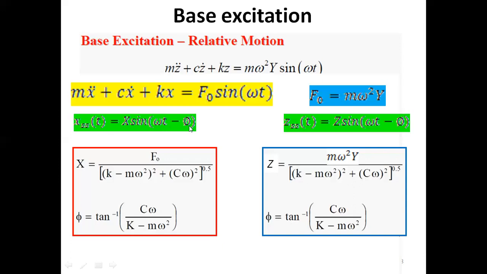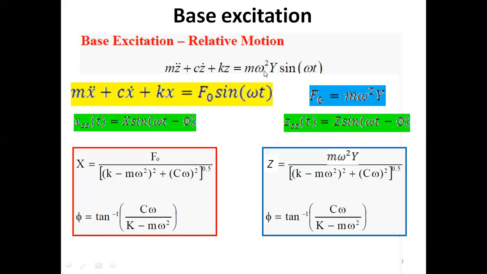And the mathematical model for the amplitude of the response, capital X, is equal to F naught divided by under the root k minus m omega square whole square plus c omega whole square. And the initial phase phi is tan inverse c omega divided by k minus m omega square. So we have already derived these for a single degree of freedom system which is subjected to force excitation.